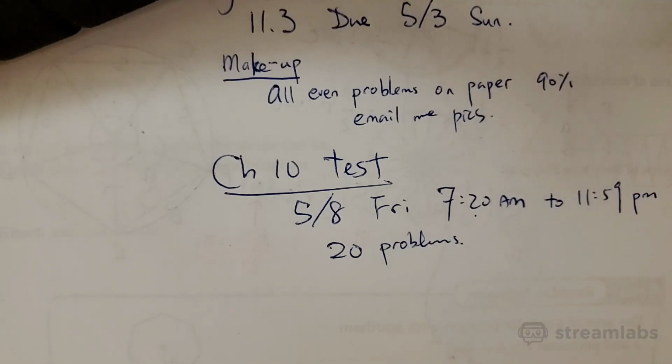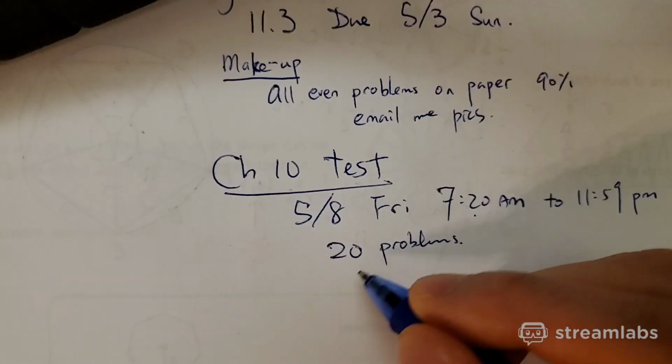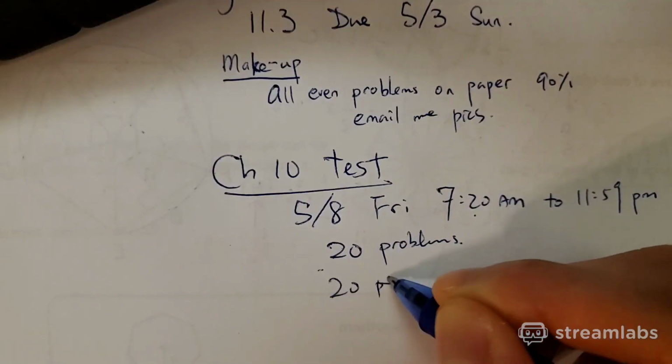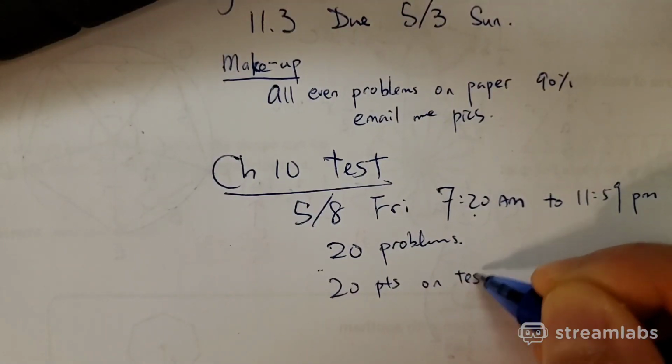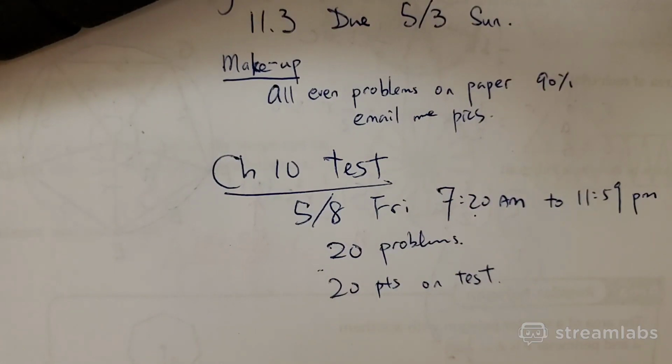I forgot if I put like 3 tries or something, but they don't check it for you. You have to click submit, and once you click submit, it's like a test, but you have a lot of time. It's graded on accuracy. 20 problems, 20 points on the test. So instead of 100 points like usual, it's going to be 20 points.